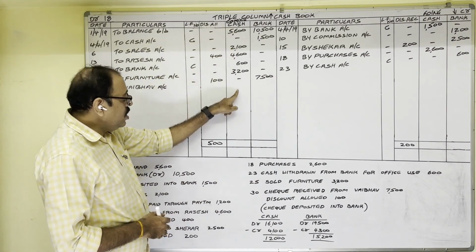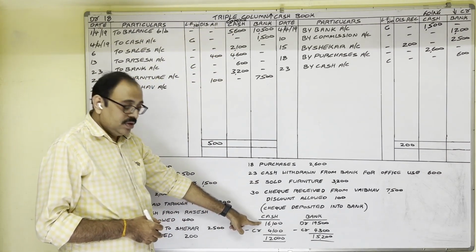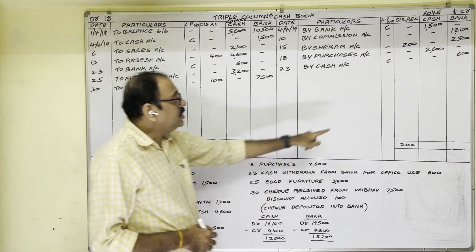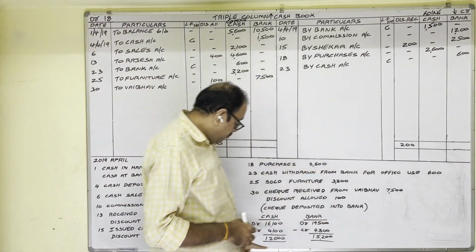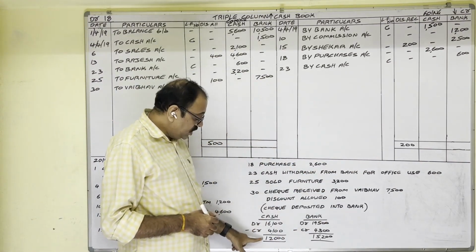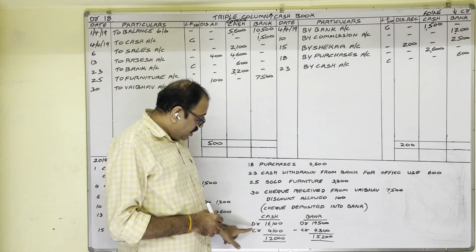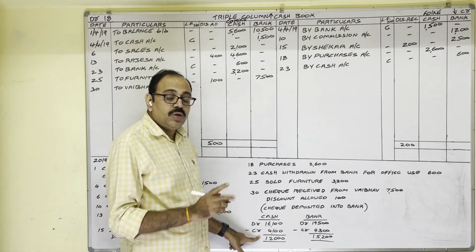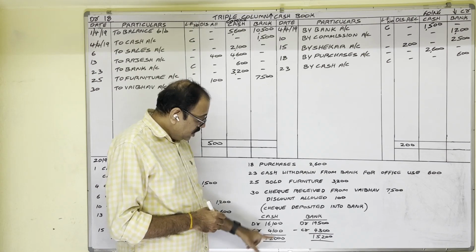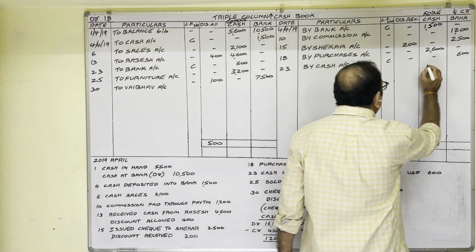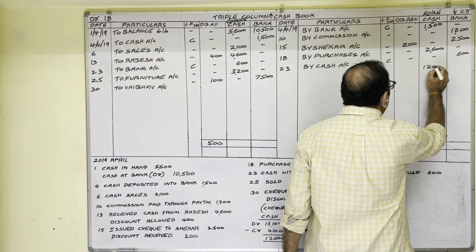Credit column total is 4,100. Difference 12,000 rupees. Credit column total is less, so on the credit side we should write this amount, 12,000 rupees in the credit side of the cash column.